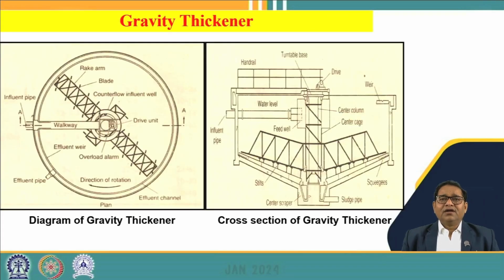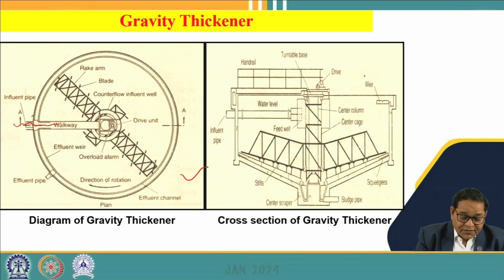Then let us see how this gravity thickener looks. If we see the two diagrams, here is one top view of the gravity thickener. Here the sludge is coming in through this influent pipe, and this is the central well where the sludge is fed, and from here it will come out.